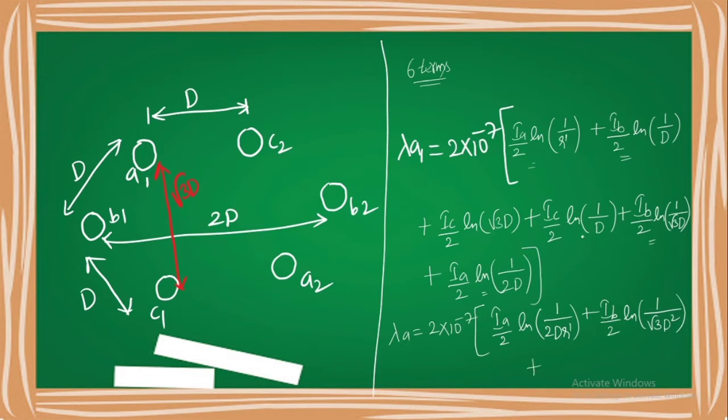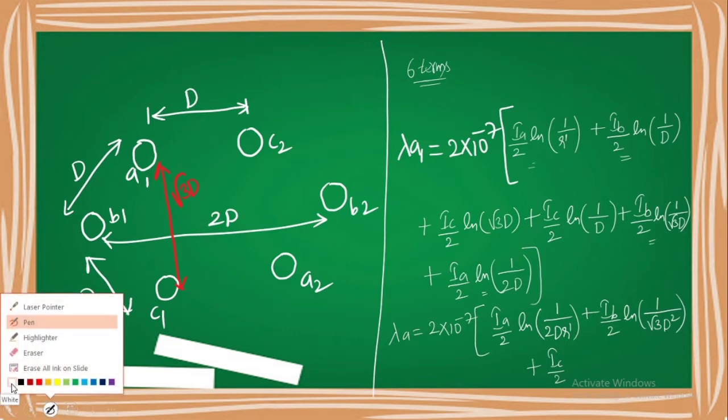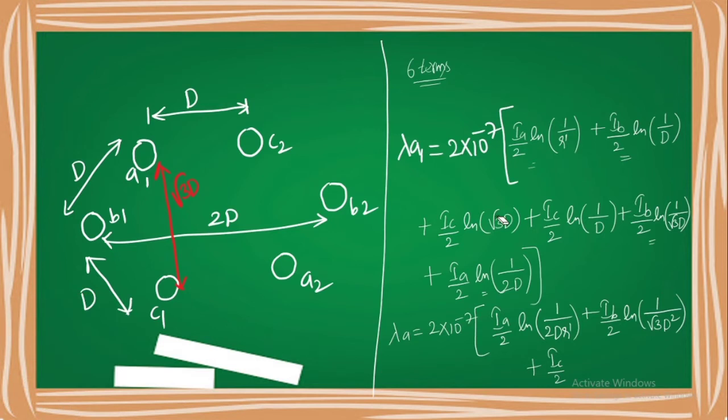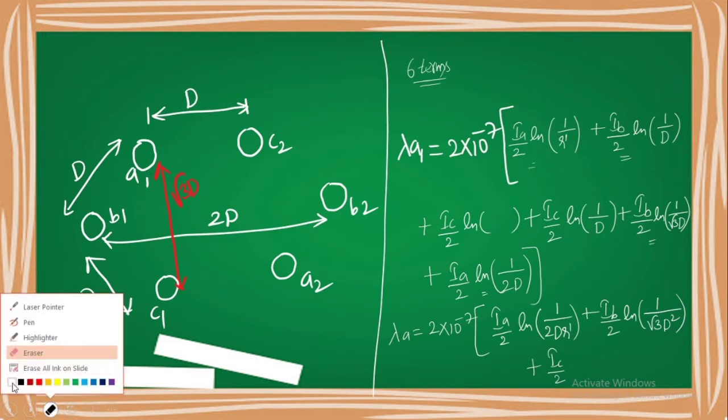For the third term and for the fourth term, the common thing is IC by 2. So IC by 2 is common, and again here I made a small mistake. Instead of writing it in the denominator, I have written this in the numerator, right? This is a small mistake, sorry for that.